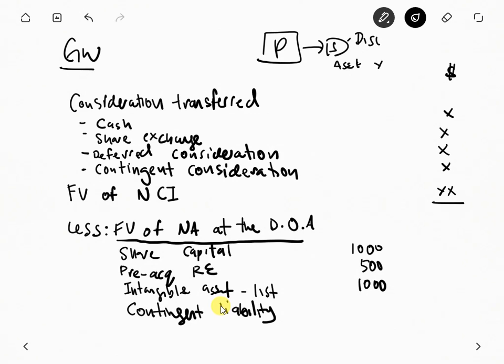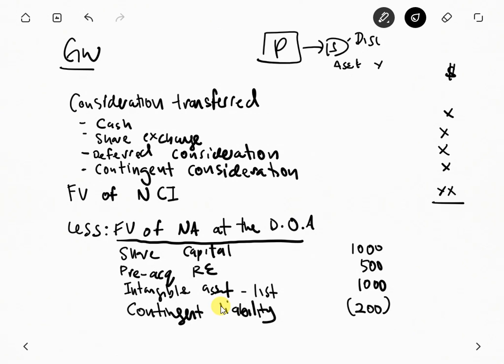A provision is recognized already. A contingent liability is not yet recognized, but we disclose it. So the subsidiary discloses a contingent liability, let's say 200. When we took over, we have to take the contingent liability into consideration as well, and it's in brackets because it's a liability.